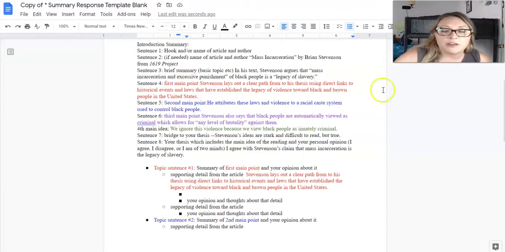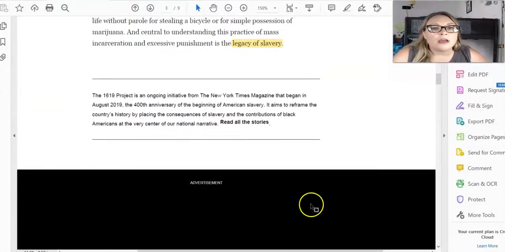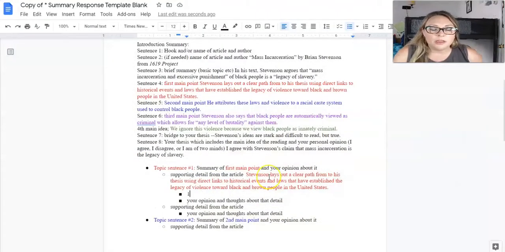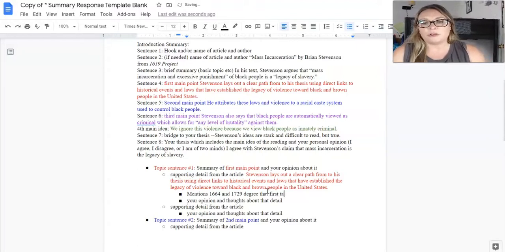Then you can go back to the text. So here we talk about how he lays out the clear path. I would put several of the points from the text, let me go back because I'm not going to remember the dates here. Okay, he mentions trees that first talk about severe punishment for slaves.